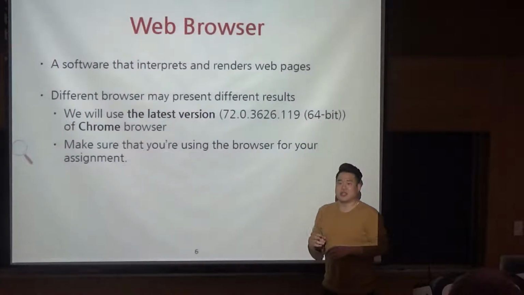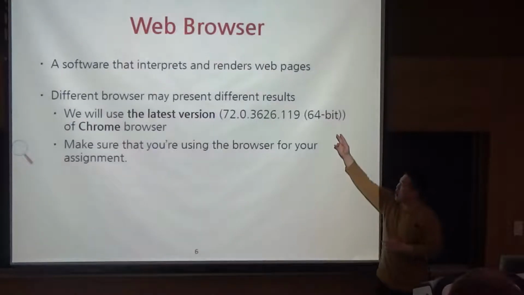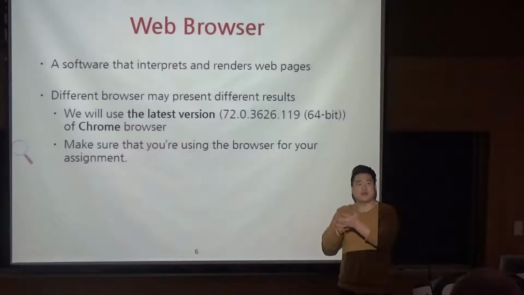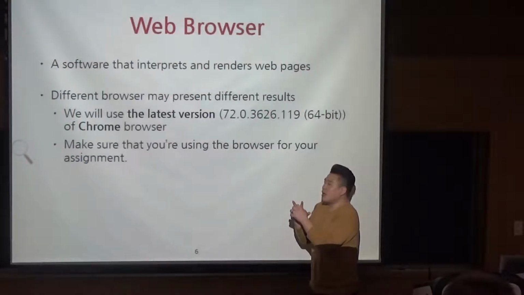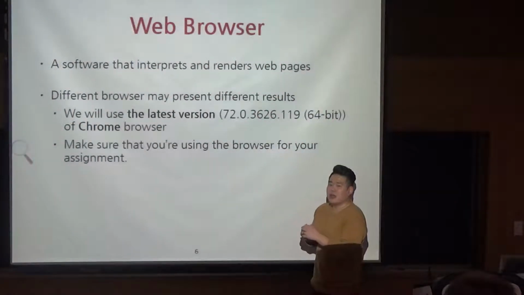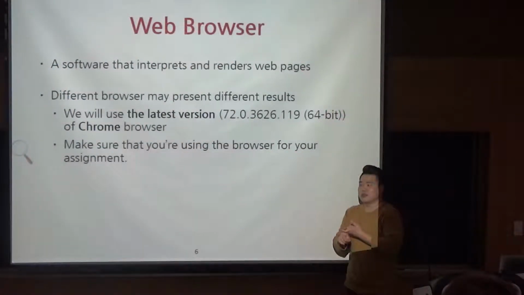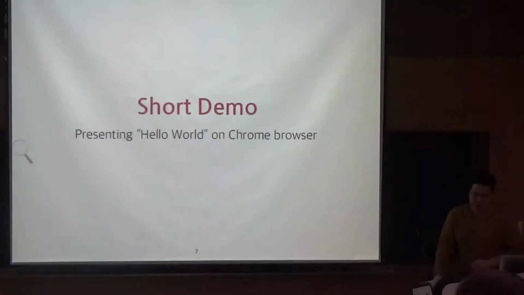So we'll use the latest version of Chrome for all your assignments. We have 3 different assignments, and all of them are about web programming. We're going to use the latest version of the Chrome web browser, so you should not use any other browsers for the assignment. Does it make sense? Okay. So make sure you're using that browser.